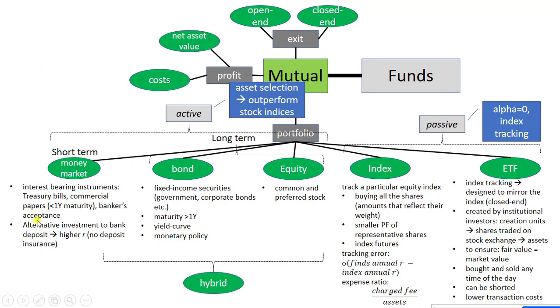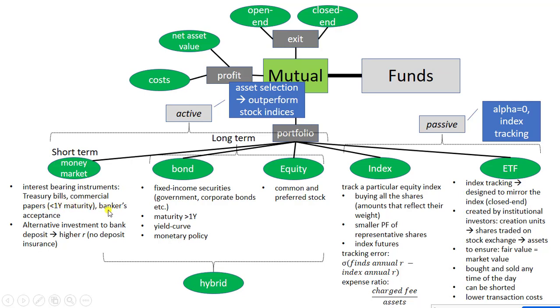In the case of a money market fund, you are investing right now, then your money will be converted into a portfolio of nice interest-bearing instruments, or treasury bills, commercial papers, which is commercial bonds, just a short-term commercial bond.